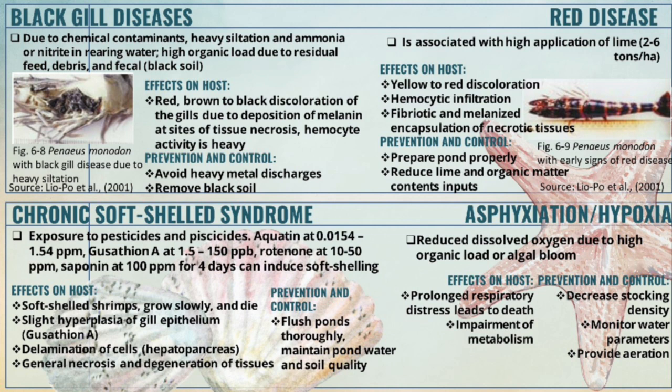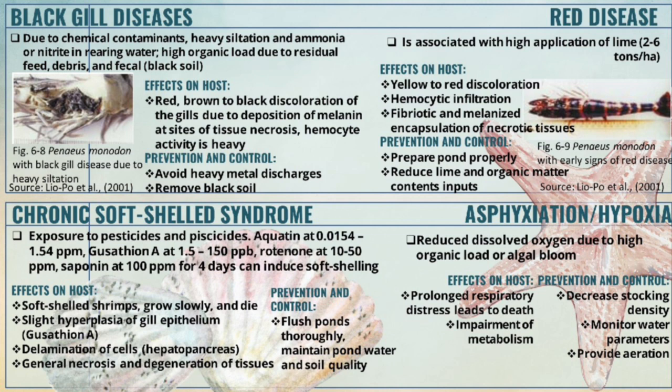So what are the effects of this disease on our host is that the histopathological observation of the hepatopancreas shows hemocytic infiltration in the spaces between the tubules, and the more advanced lesions are in the form of fibrotic and melanized encapsulation of the necrotic tissues, either in the tubule itself or the sinuses around it.